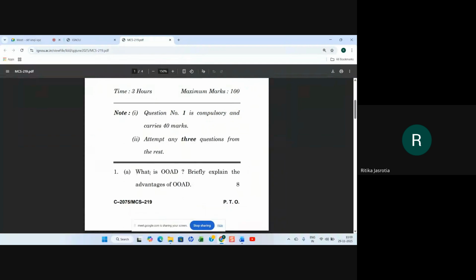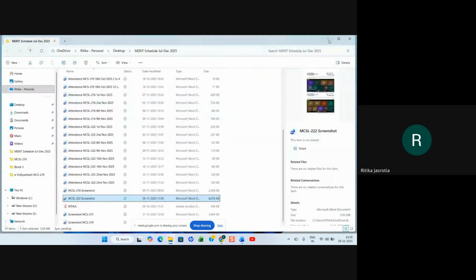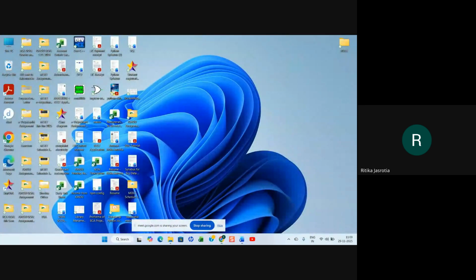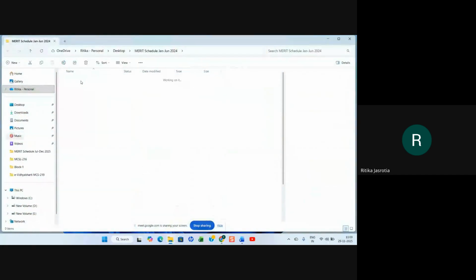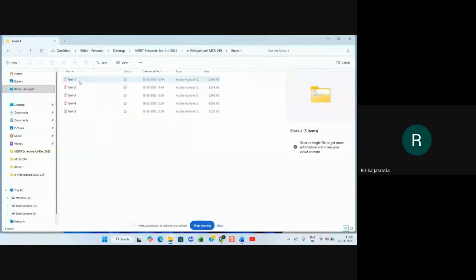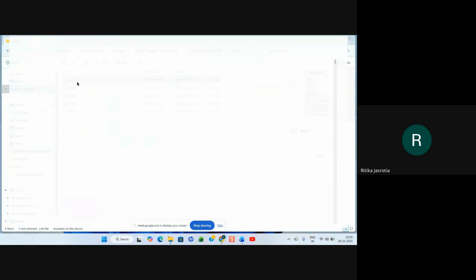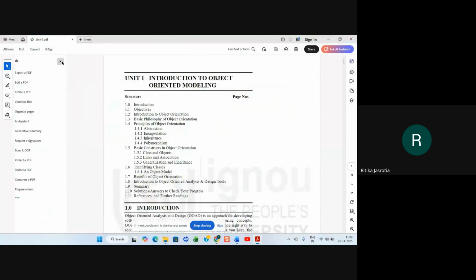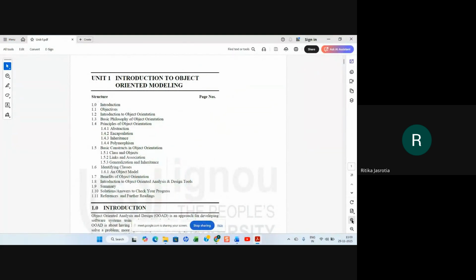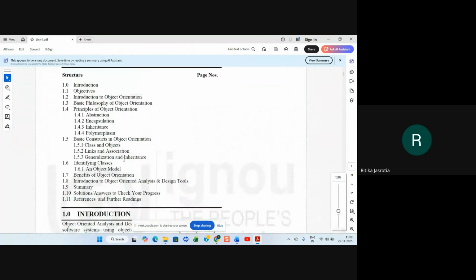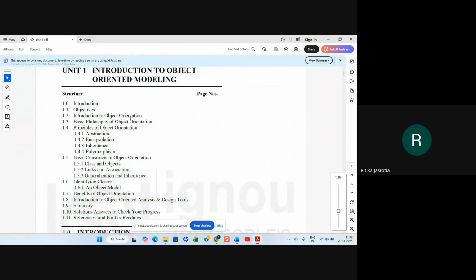So question number one, if you see, asks: what is OOAD? Briefly explain the advantages of OOAD. So this is your question. If you go to your study material, block 1, unit 1, you have introduction to object orientation, basic philosophies.